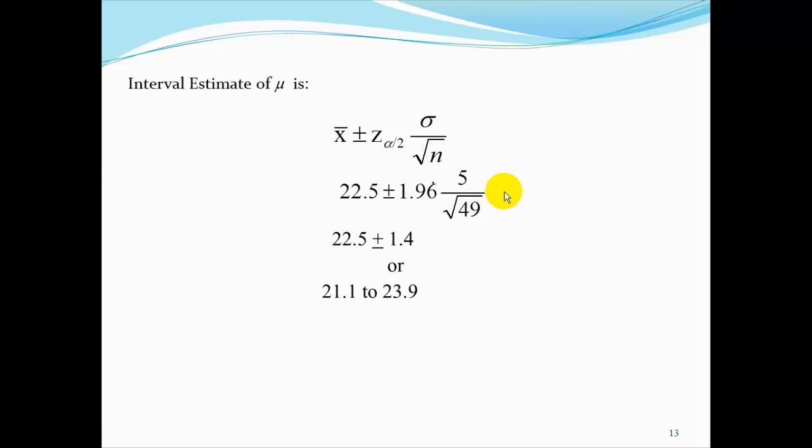If we compute the error section of this problem, we'll obtain 1.4. So we estimate that the population mean is 22.5 plus or minus 1.4. If we subtract 1.4 from 22.5, we obtain 21.1. If we add 1.4 to 22.5, we obtain 23.9.